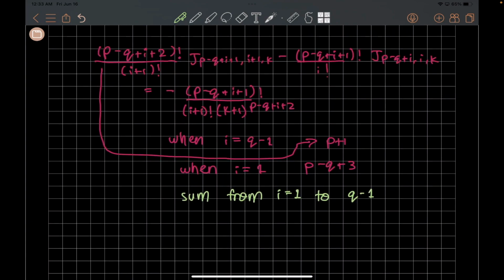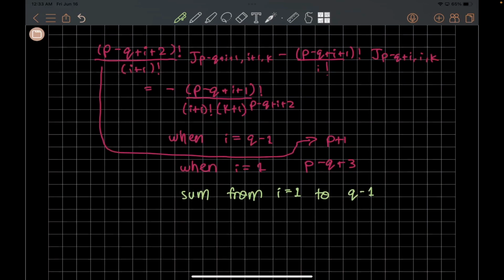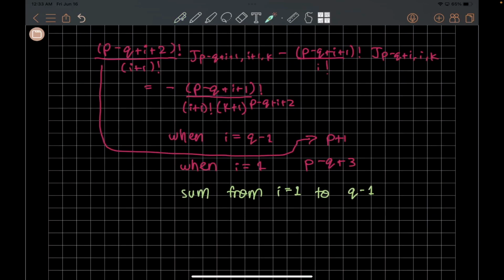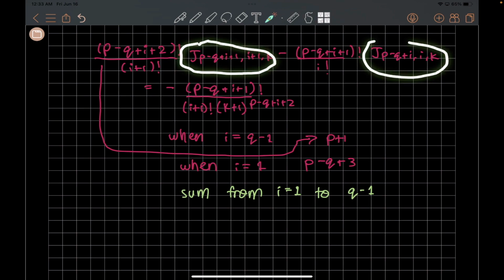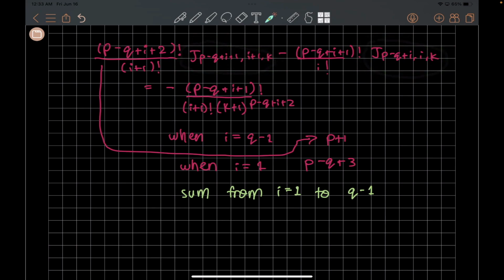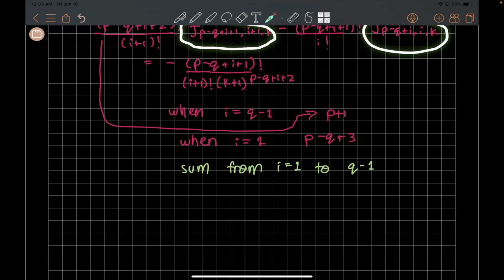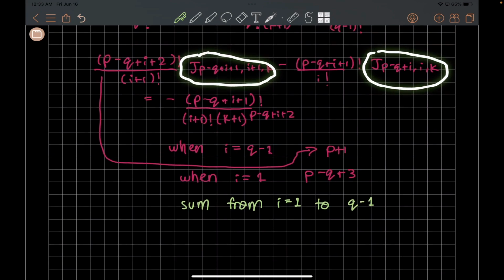When we do that, it's a telescoping series. The last term survives. This term will survive evaluated at q minus 1, and this term will survive evaluated at 1. You can check this out. We've done enough telescoping series in the past.